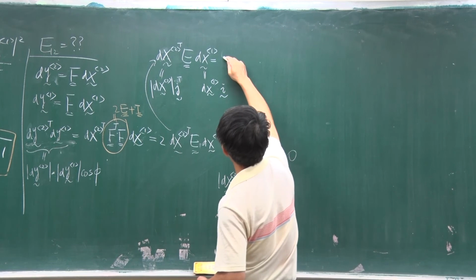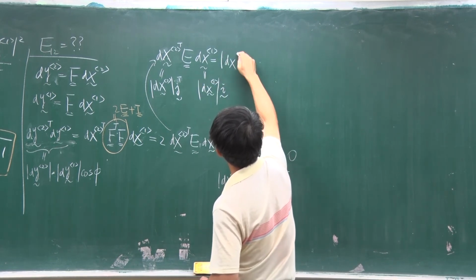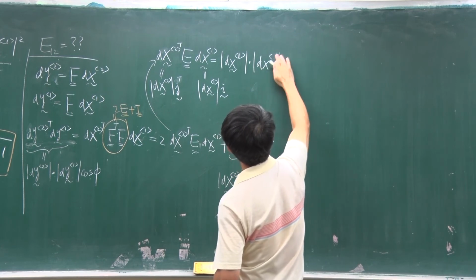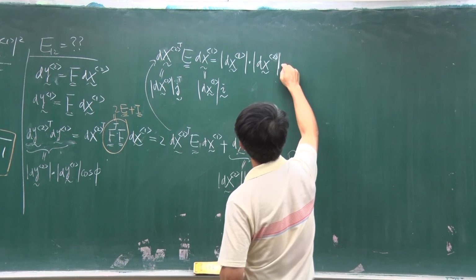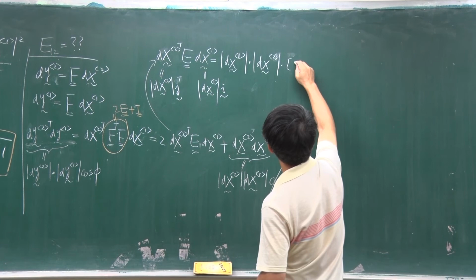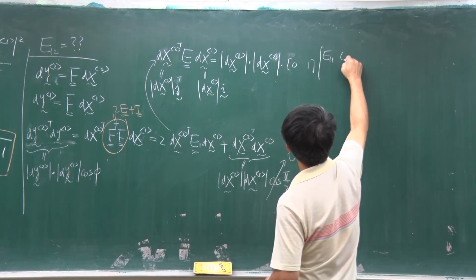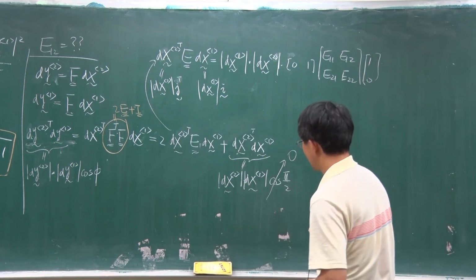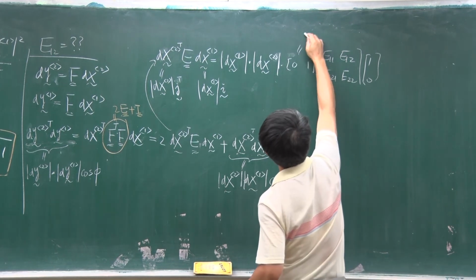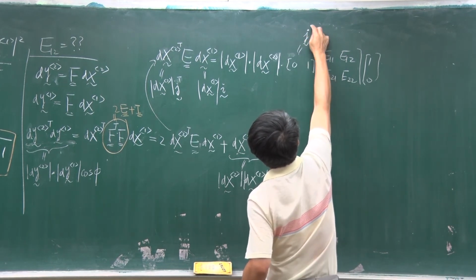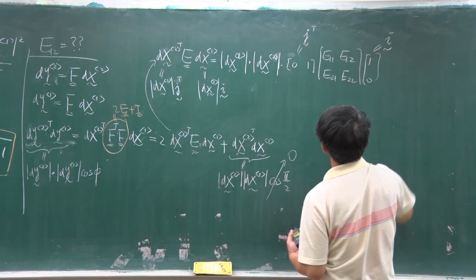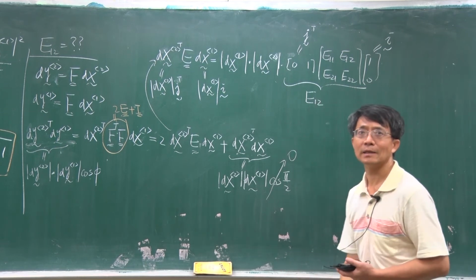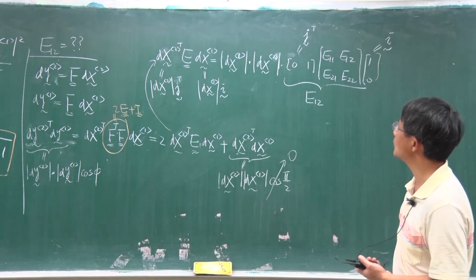Okay, and this one is equal to J transpose, and this one is equal to I. As a homework, you can find that this calculation will give you E12.